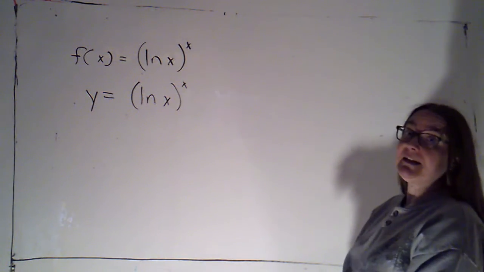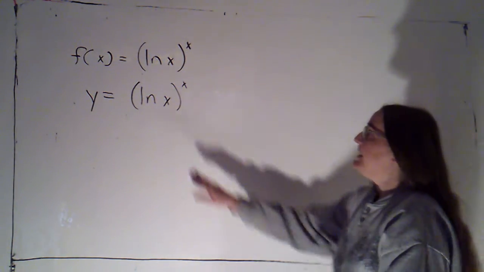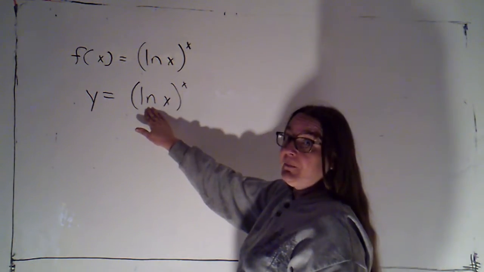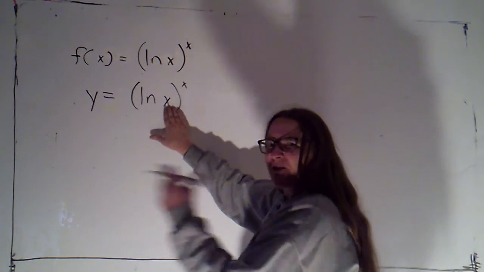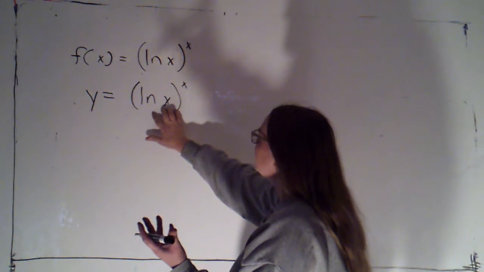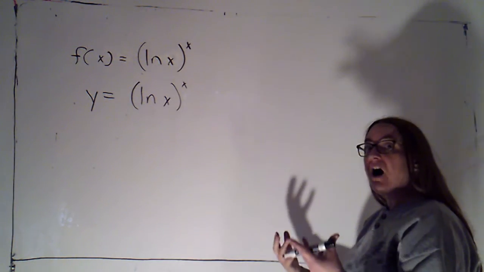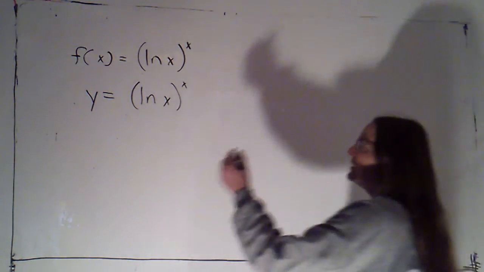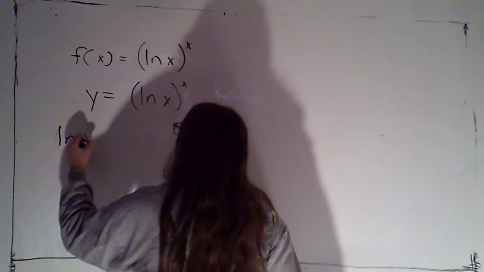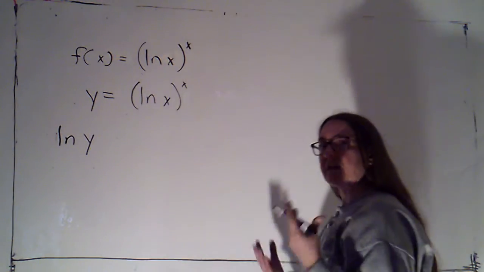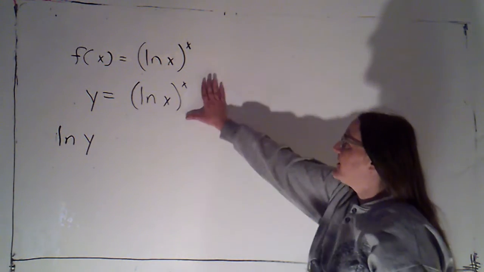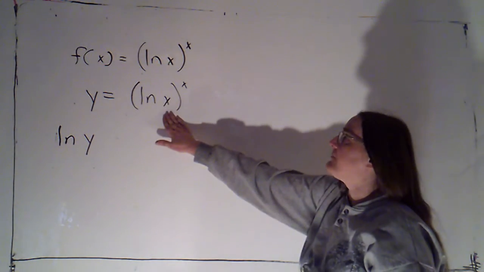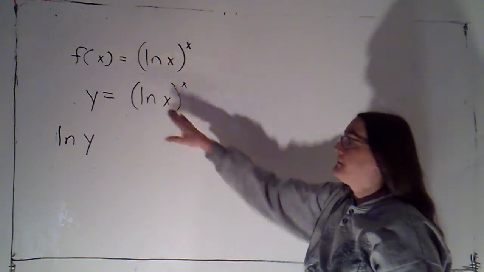I'm going to plug into the natural log. This log isn't helping me because the argument of this log is just x. So I don't have any rule that allows me to simplify a power of a log. So I'm going to say the natural log of y, and I can do that because I know that y is positive, because I have this definition that the domain of this function is everything that makes the base positive.